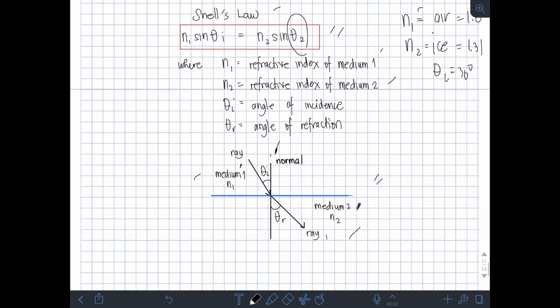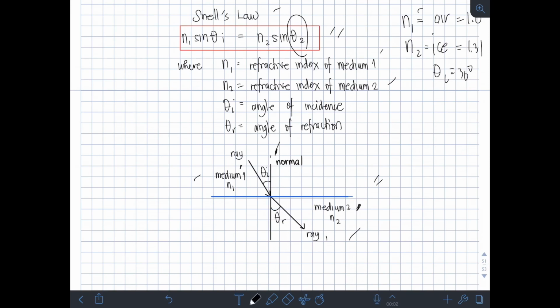Okay, so let's substitute. n1 is 1.0 times sin theta I, so 30 degrees, equals n sub 2, 1.31, times sin theta R. Right? Solving for sin theta R first, it is equal to 1.0 times sin 30 degrees divided by 1.31.